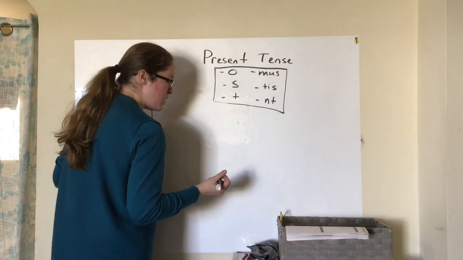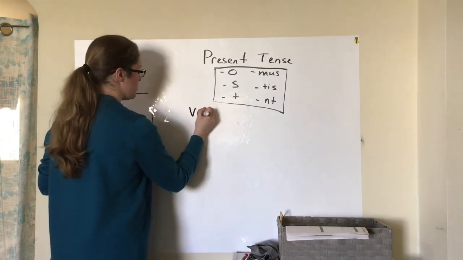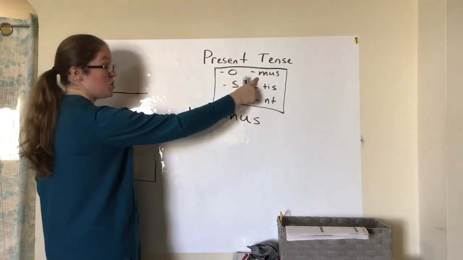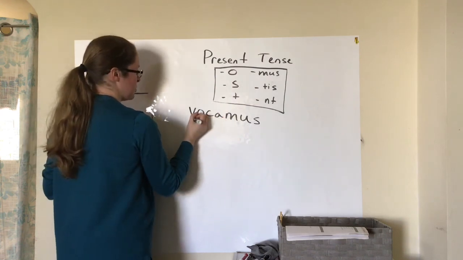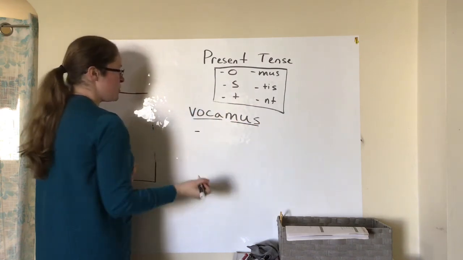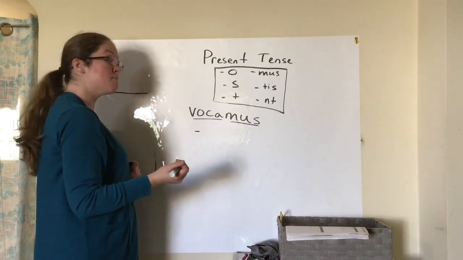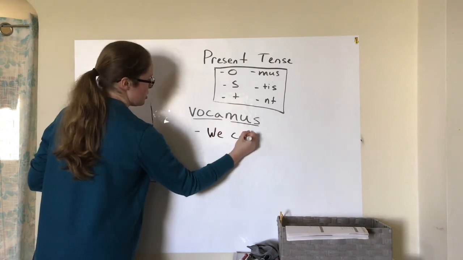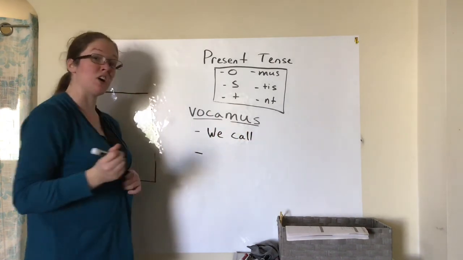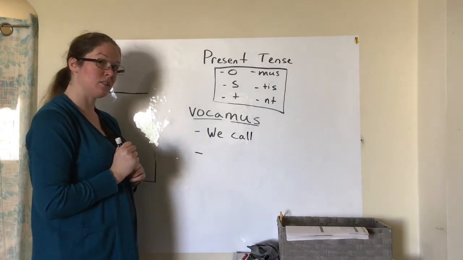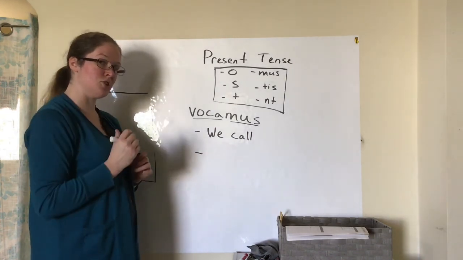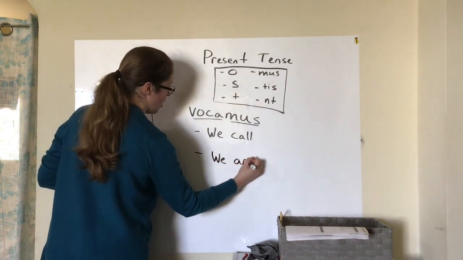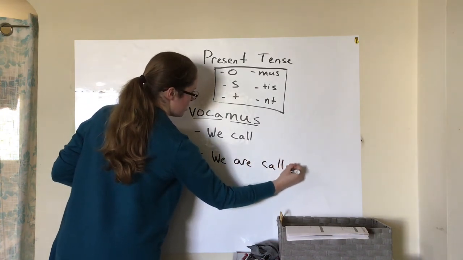So what if we go vocamus? Mus is we. Voca is call. So your first option would be, drum roll please, we call. The second option would be, the last word ends with an ing, we are calling.